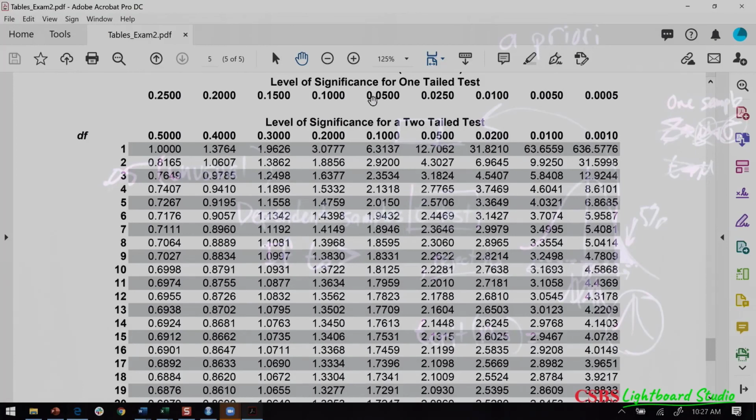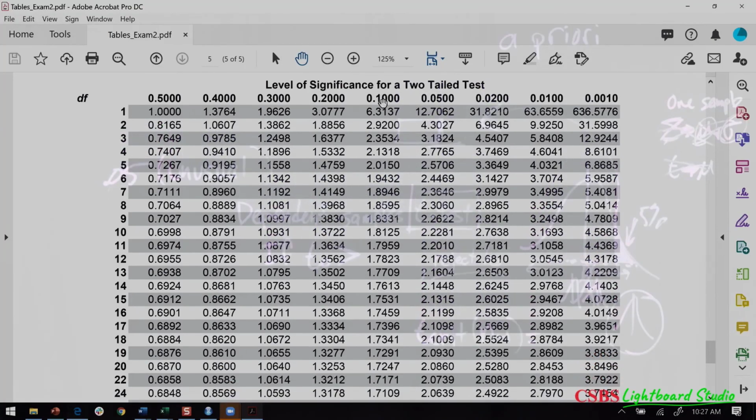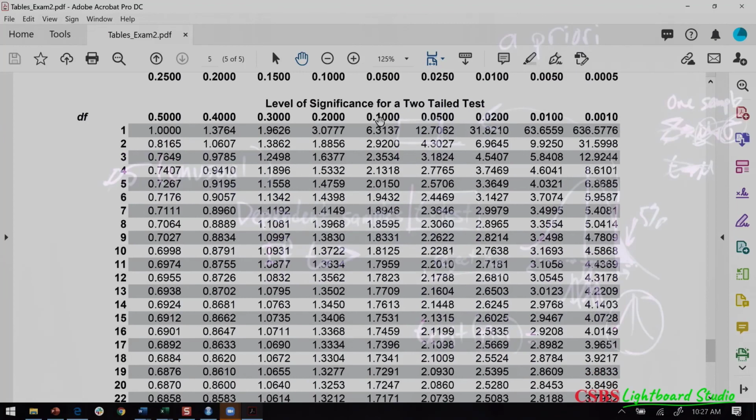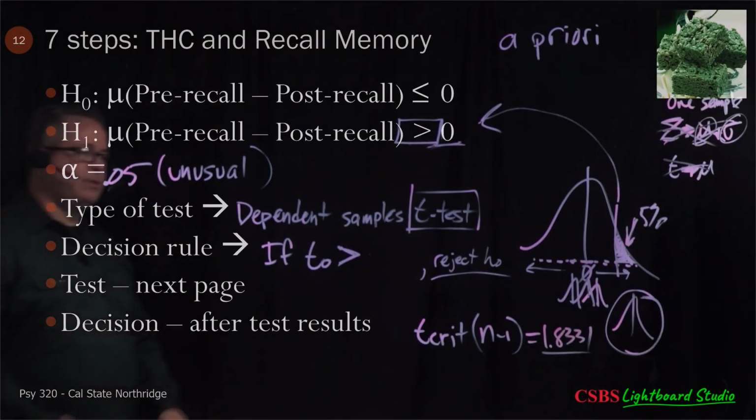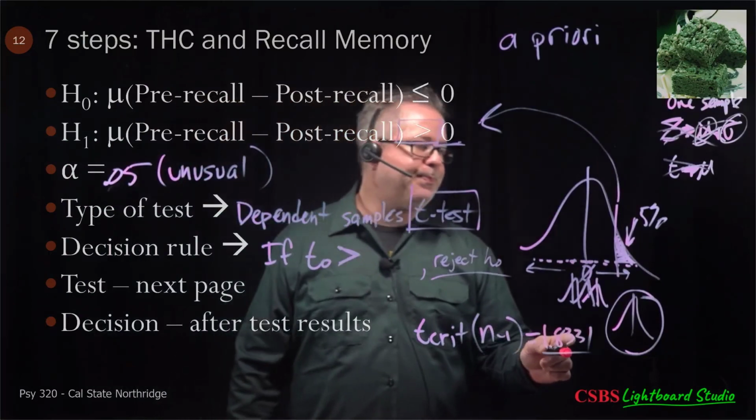So I'm going to scroll down to 9 degrees of freedom. So 0.05, one-tailed, 9 degrees of freedom, because I have 10 subjects. So with 9 degrees of freedom, my t-critical is 1.8331. So this is from that t-table.